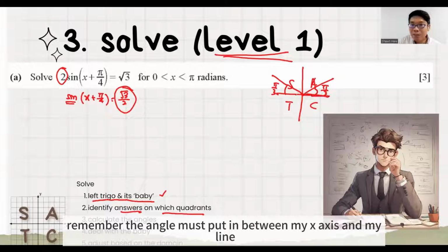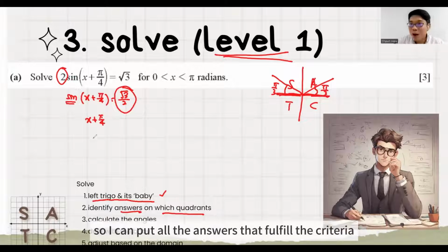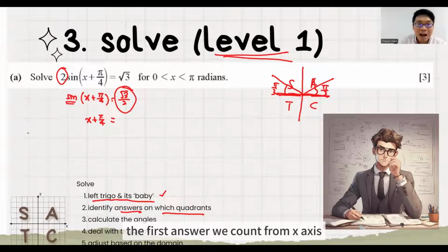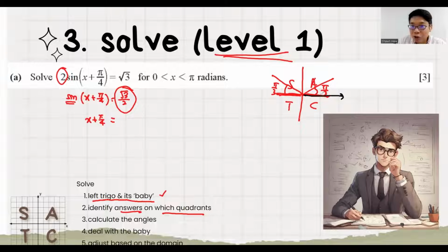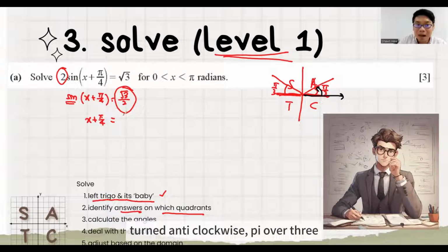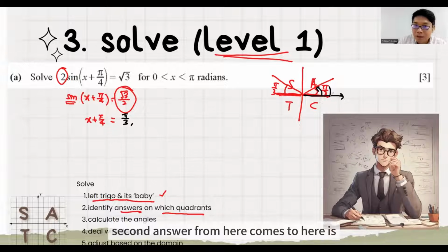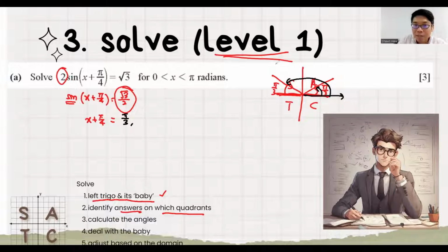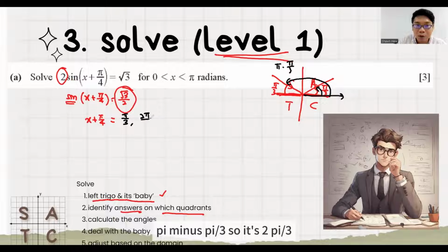Remember, the angle must be put between my x-axis and my line, so I can put all the answers that fulfill the criteria. The first answer, we count from the x-axis, turned anti-clockwise, pi/3. The second answer, from here to here, is pi minus pi/3, so it's 2 pi/3.